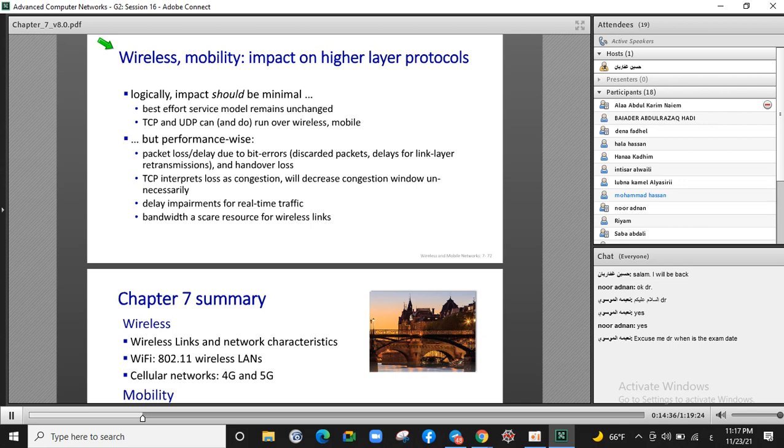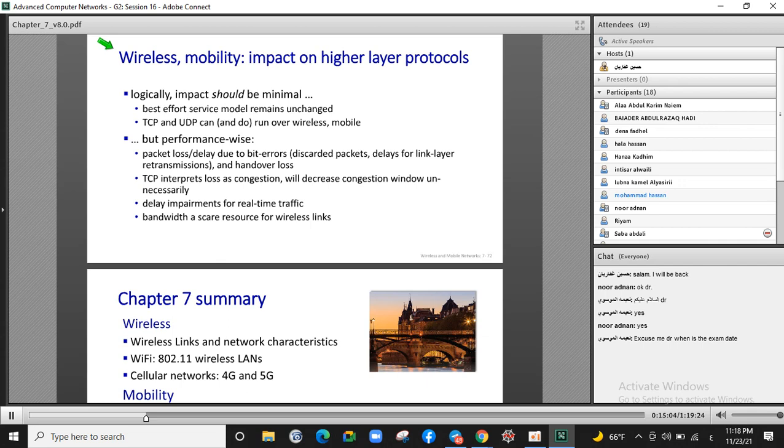Maybe when I'm using a TCP protocol to handle the congestion levels in a network, when I'm moving from one network to another one, when I'm doing a handoff, it can affect and decrease the congestion window.